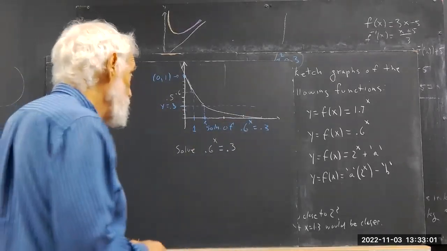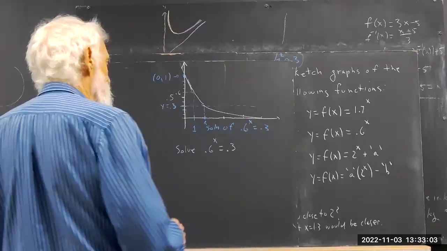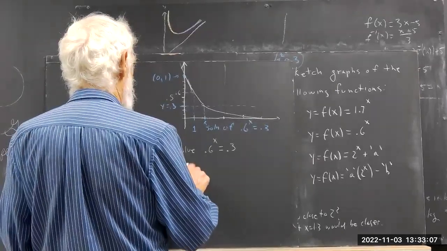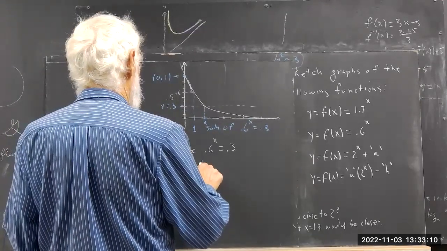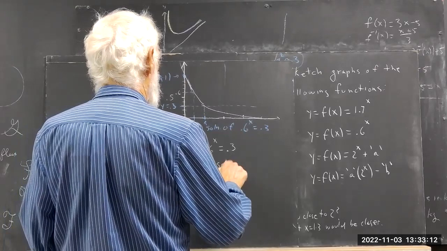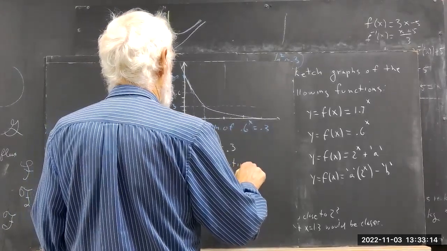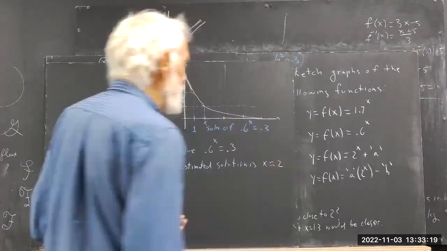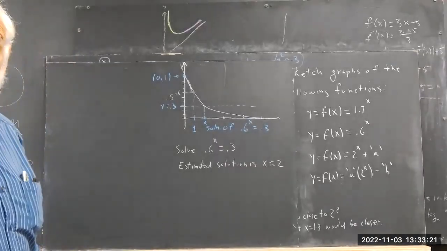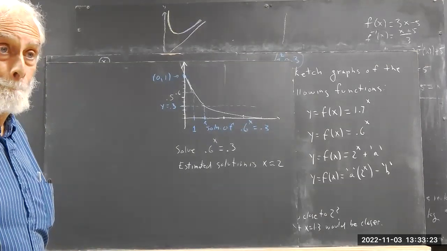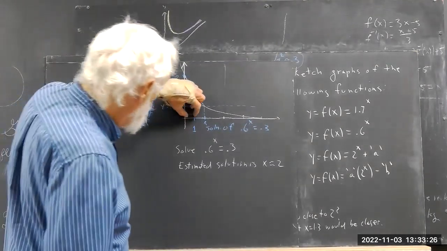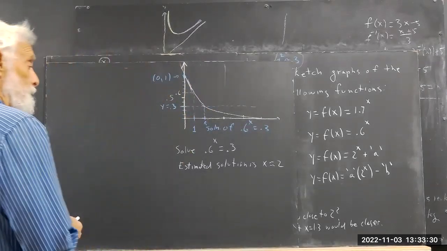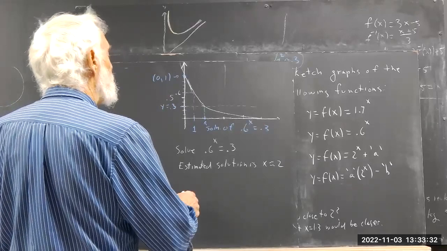Well, hold that thought for a minute. Estimated solution x equals 2, right? Because if I do it honestly, it might be just a hair bigger than 2, but pretty close to 2.